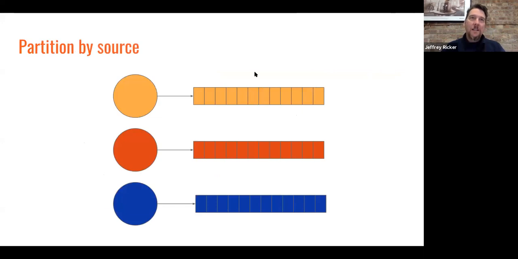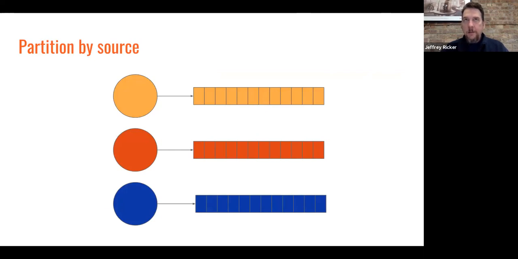So one way to do it is to partition by source. I may have multiple instances of a source, and each source writes to its own stream.